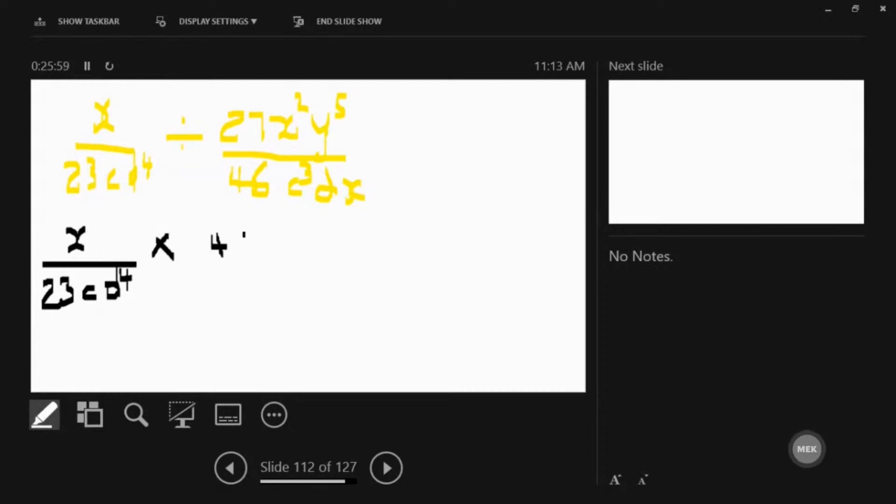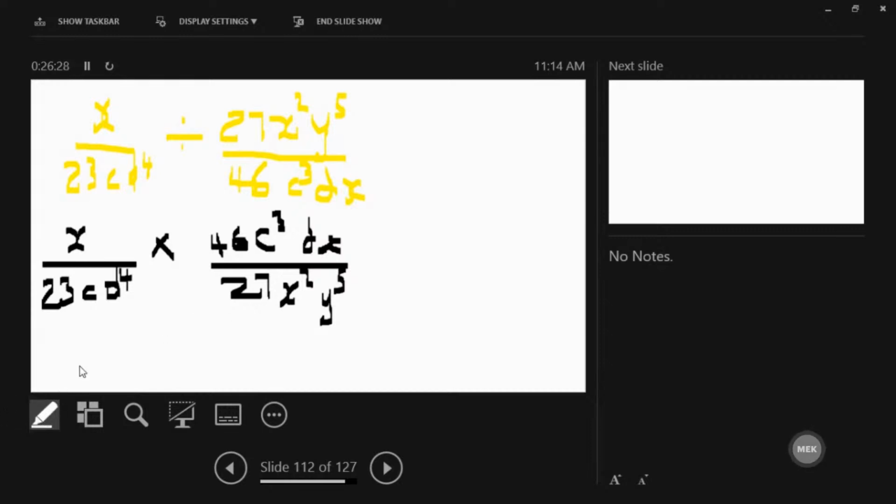So we're going to have the 46c to the third dx over 27x squared y to the fifth.